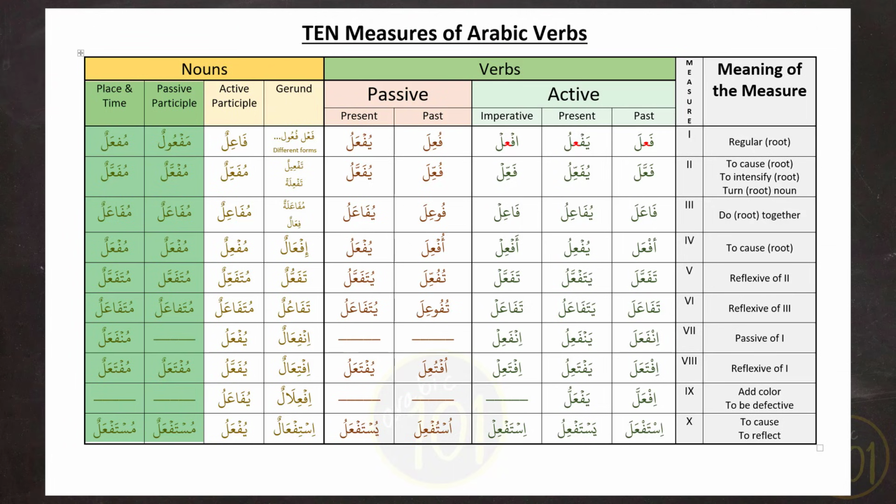Which means that you should make sure to learn past, present, and imperative forms along with the gerund and the active participle first, since these are the most common in the Quran. And once you get the hang of them, you move on to the passive forms, and last, you end by learning these ones. Using the chart will also help you remember where to find what.